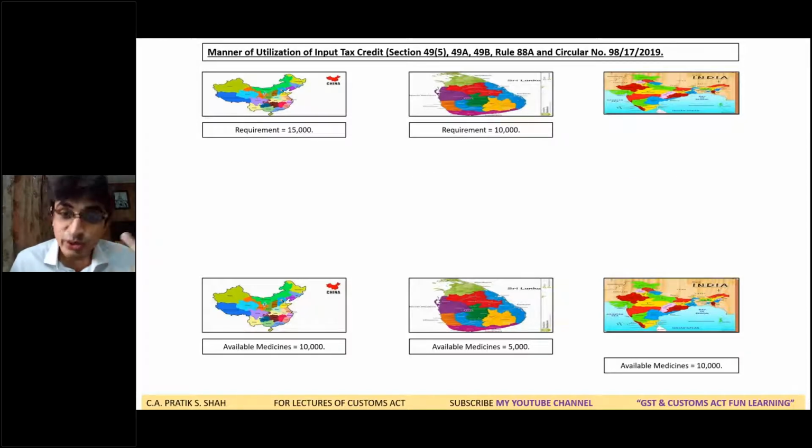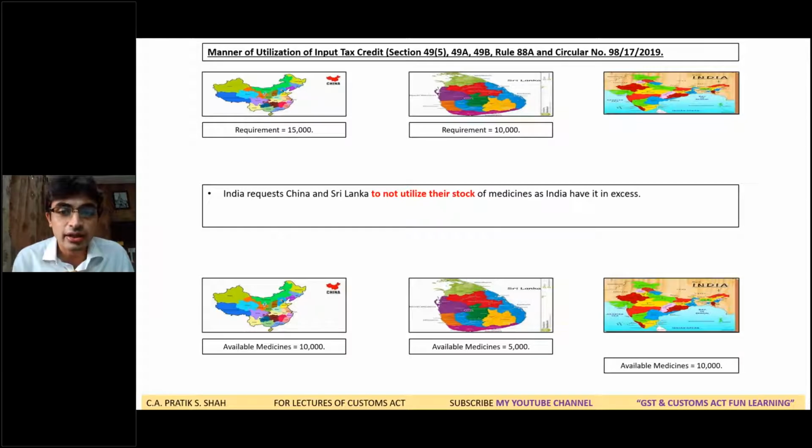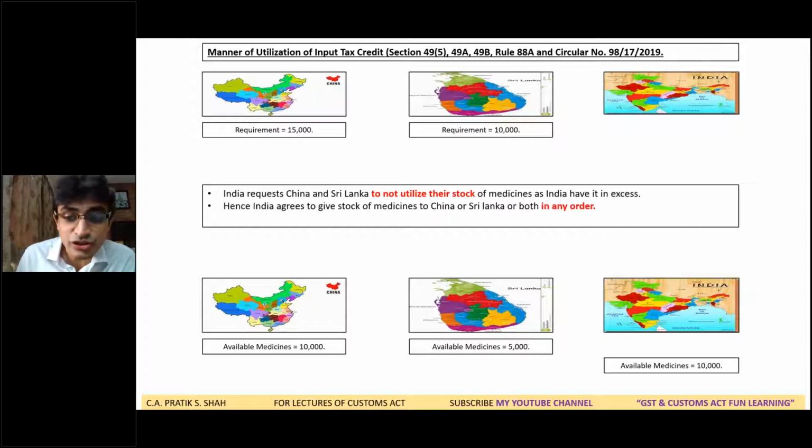So India requests China and Sri Lanka not to utilize your stock. India is requesting China and Sri Lanka, do not use your stock. You have 10,000 China, keep it with you. Sri Lanka, you have 5,000, keep it with you. First, utilize my stock. I have a surplus of 10,000. So India requests China and Sri Lanka to take it in any order.